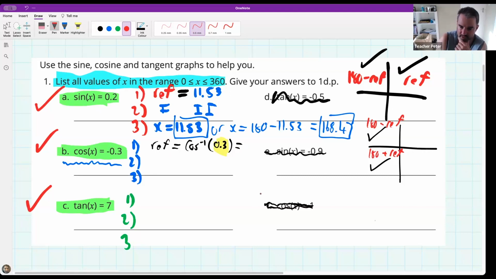But I still haven't got a reference angle, so who can help me out? Shift cos 0.3, what do you get? I know my 2 answers are going to be in quadrant 2 and quadrant 3, but I need a reference angle. So Nicole got 72.54.